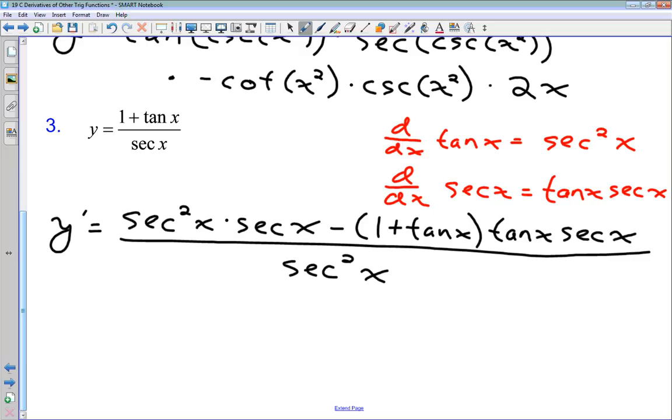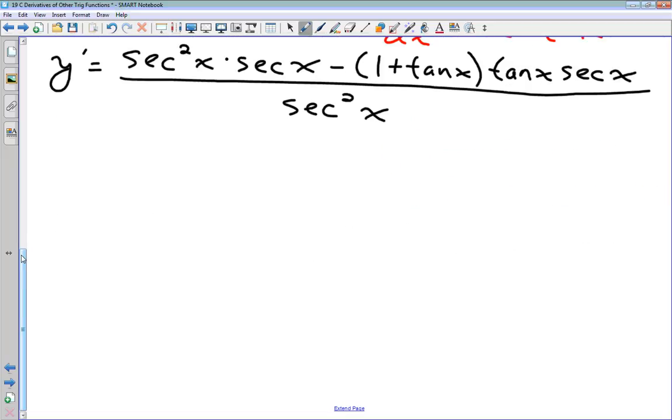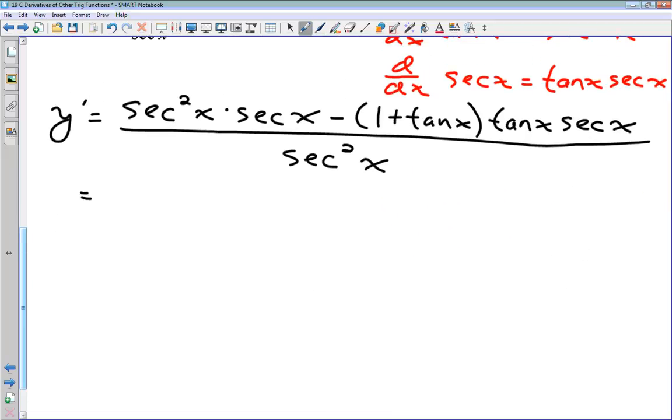And now, let's see, can we simplify this thing at all? Well, let's look and see if we can factor. We've got two terms in the numerator. There is a secant x that is common to both of them. So we should factor out that secant x. So I'm going to pull out a secant x. First term, I'll be left with secant squared x.